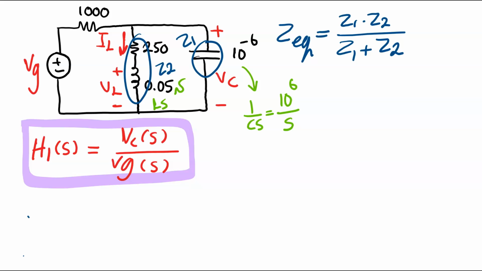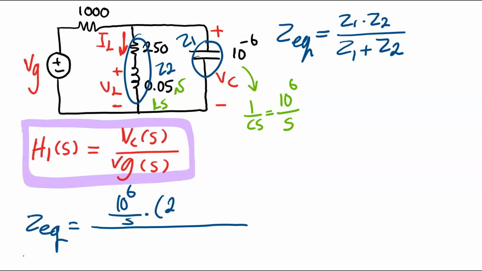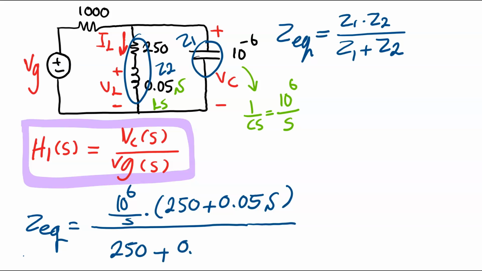My Z equivalent is going to be Z1 multiplied by Z2. Z1 is 10 to the 6 over S multiplied by Z2, which is 250 plus 0.05 S, and then in the denominator I have to add everything together: 250 plus 0.05 S plus 10 to the 6 over S.